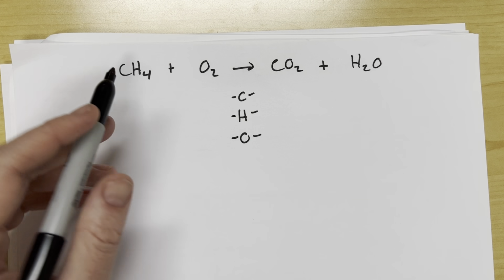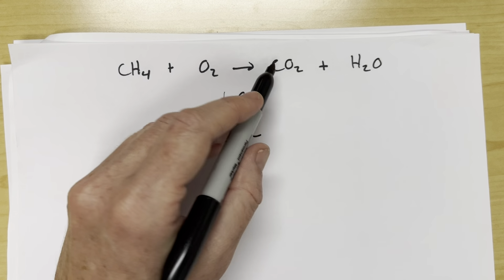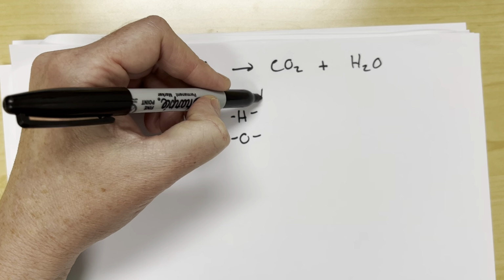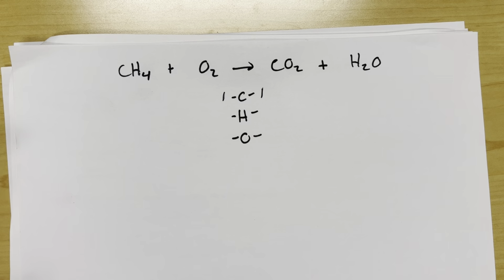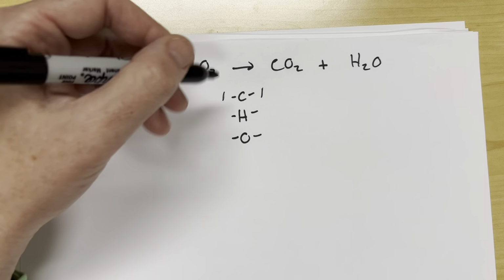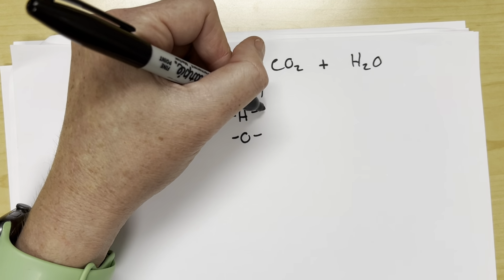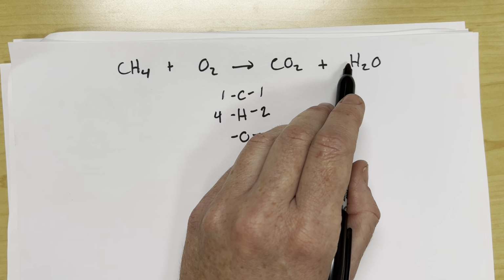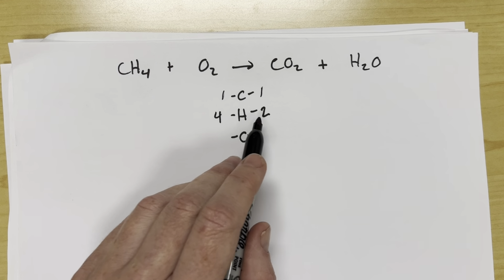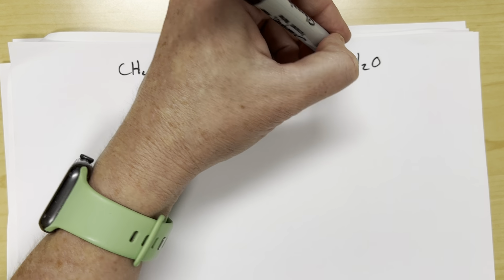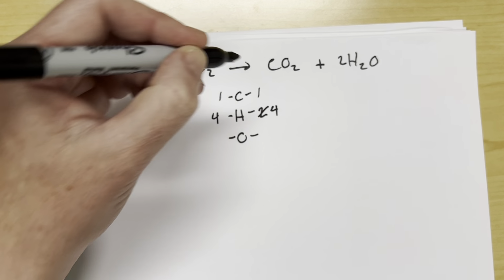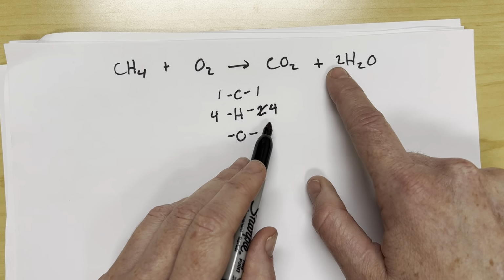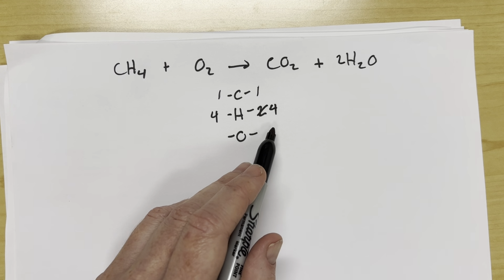So for example, on my left over here, I have 1 carbon. On my right over here, I have 1 carbon. They're already good, so I don't need to do a thing. Let's do hydrogen. On my left over here, I have 4. On my right over here, I have 2. I always take the big number divided by the small number, and that's the coefficient I put there. So 4 divided by 2 is 2, so I'd put a 2 there. And now that gives me 4 total hydrogens over here because I have 2 of the H2O.